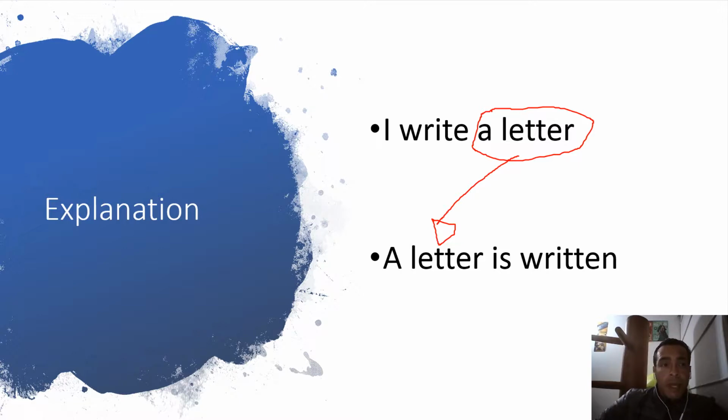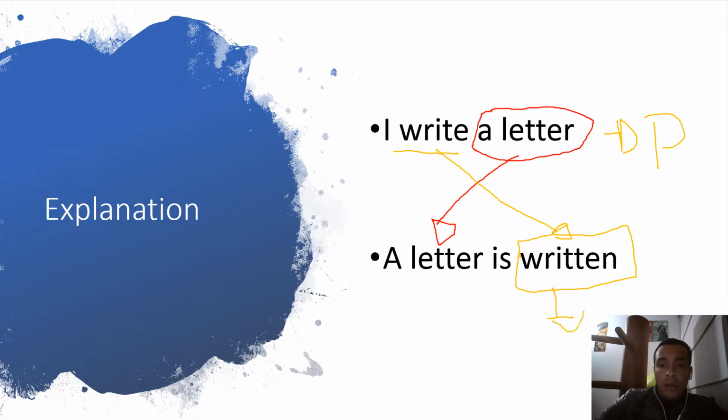Okay. Now we're going to identify the verb. So, "write." As this is present, right? This is present. So, "write." Move it here. And we are going to use the past participle. Write, wrote, written. So I'm going to use the past participle when I use the passive voice, always.